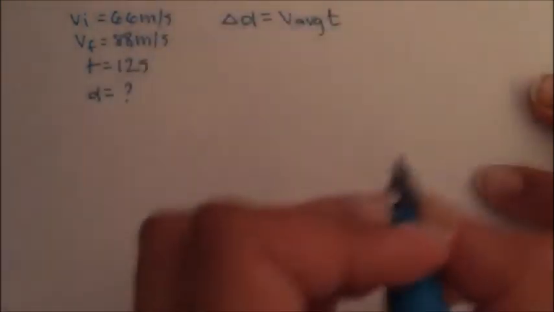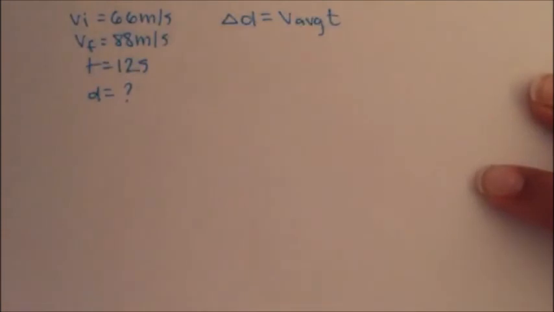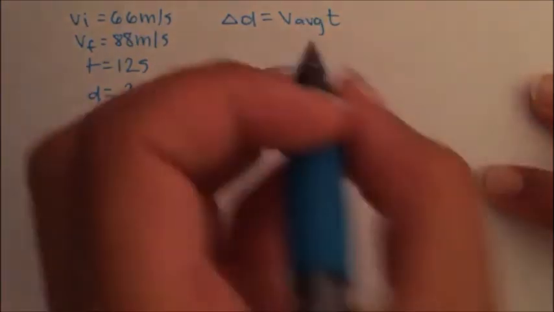Okay, so to figure out an equation that connects these variables, we know that the distance traveled equals the average velocity times the time. Because we have a constant acceleration, we can average our initial and final velocities to figure out our average velocity.